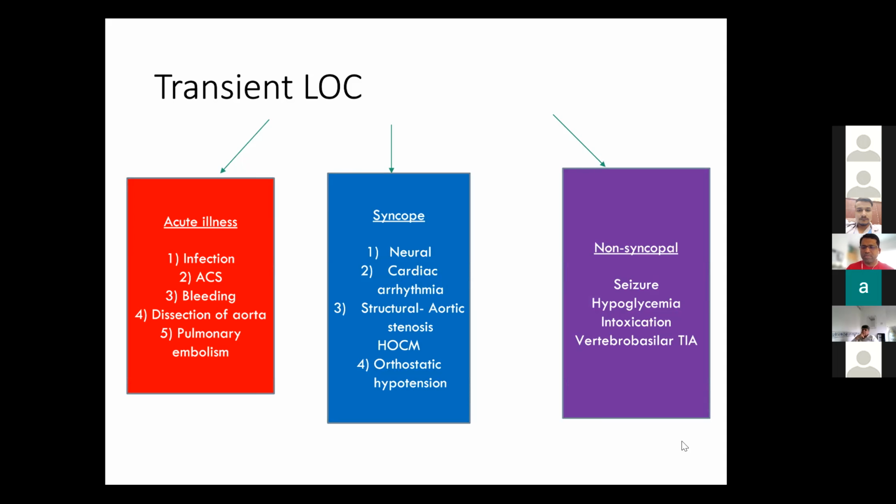They are all loosely under the umbrella of transient loss of consciousness, whereas we're going to look more at the syncopal episodes. That is the category we're going to deal with more here.